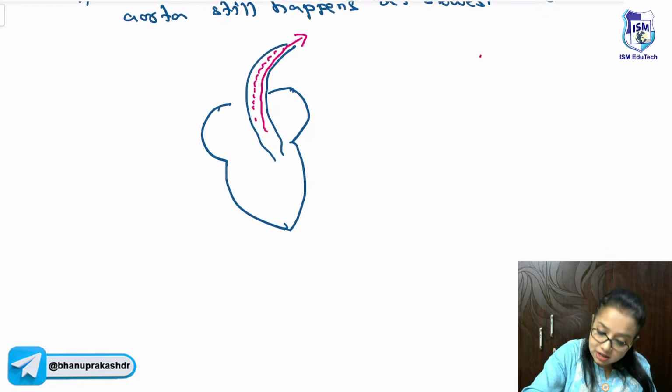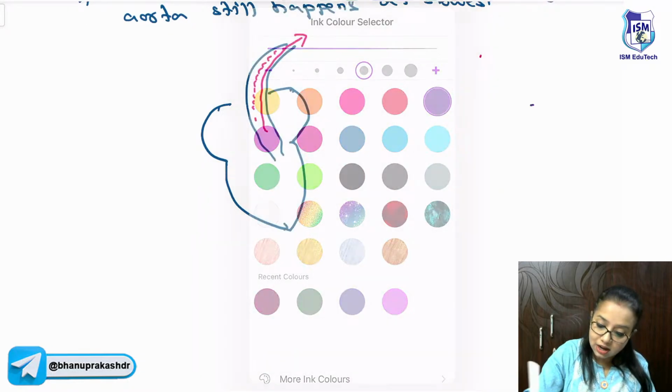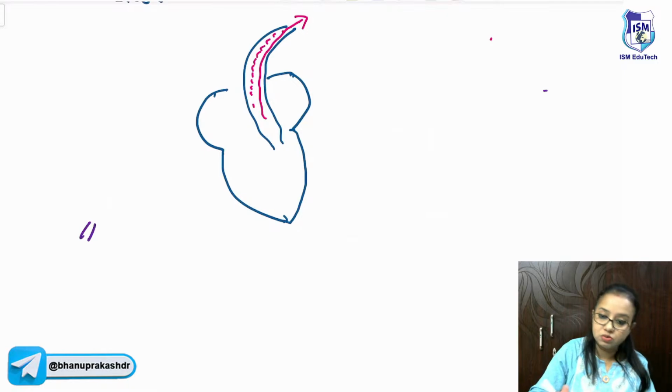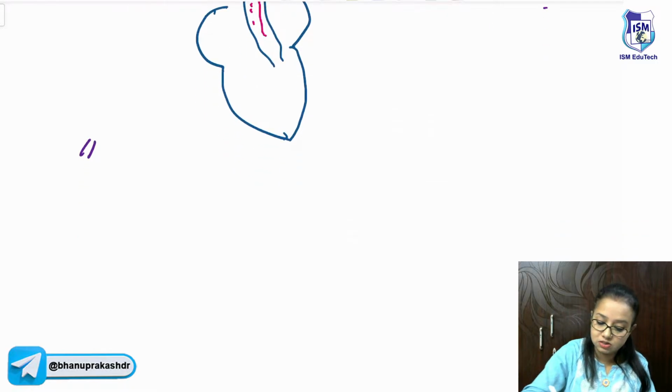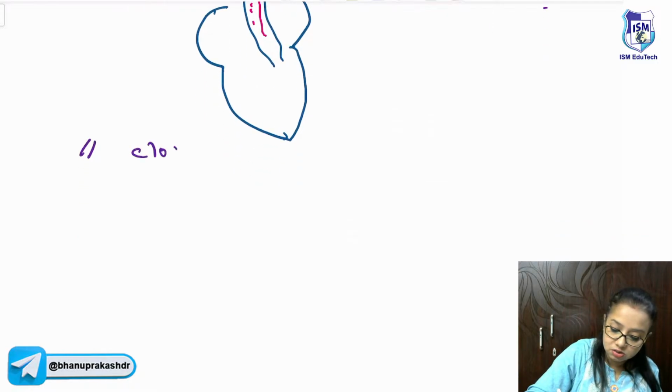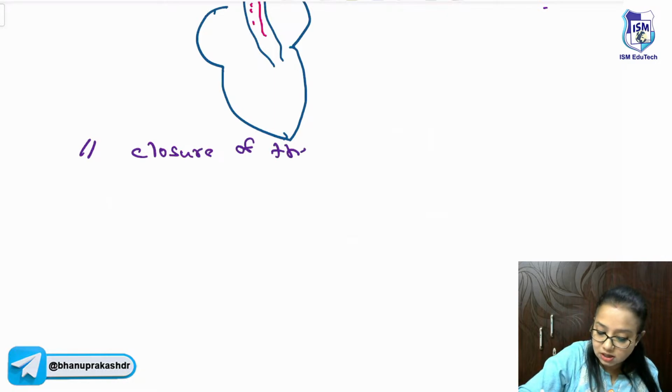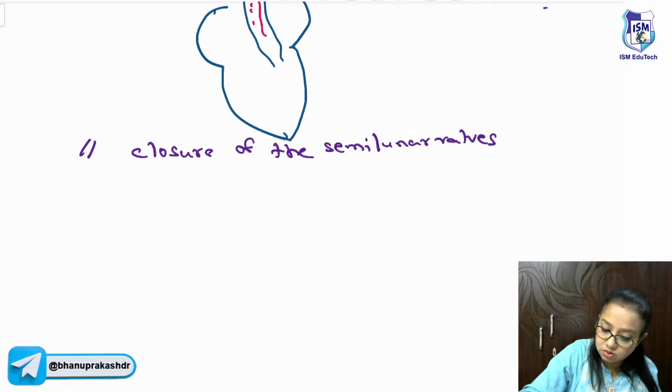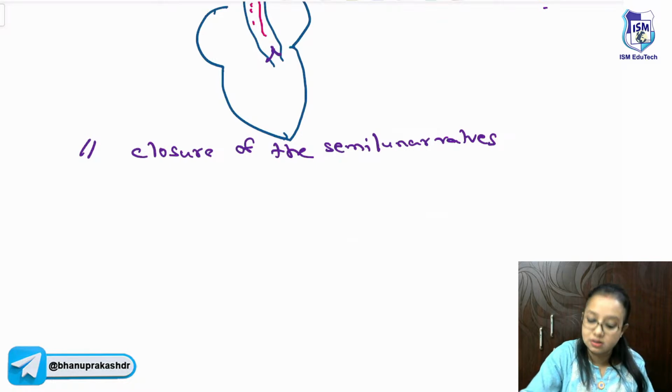Now at the end of the protodiastole, another event happens which marks the beginning of the next phase, which is the closure of the semilunar valves. This is the aortic valve.